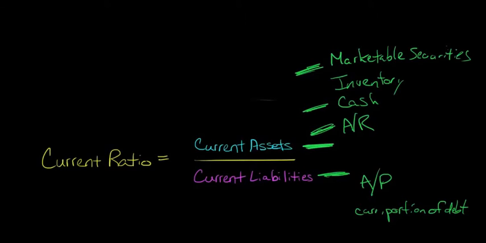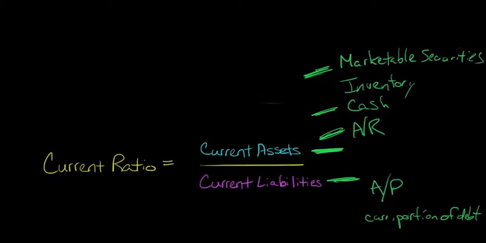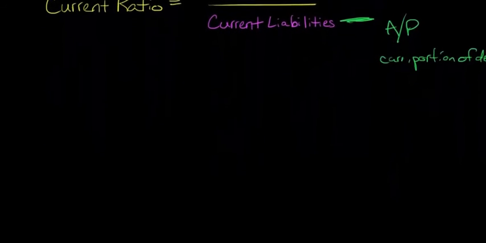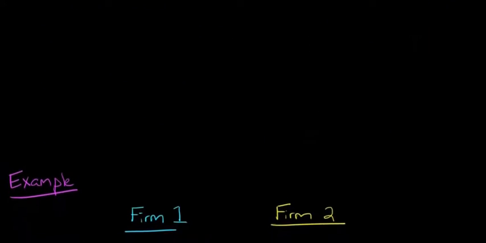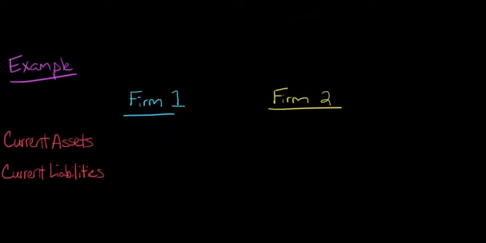So what we're really trying to do with this current ratio is say, okay, what is due in the next year, and do we have enough liquid assets that could cover those obligations? Let's use an example. We're going to look at a couple of firms, and bear in mind that a higher current ratio implies higher liquidity.